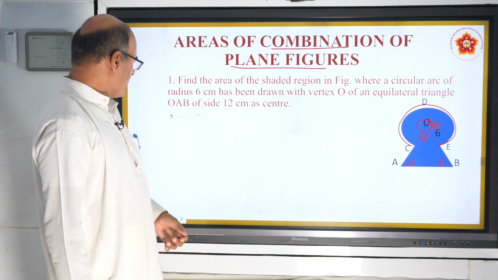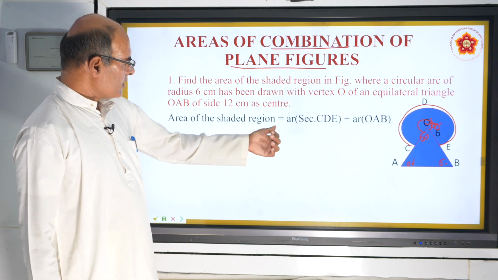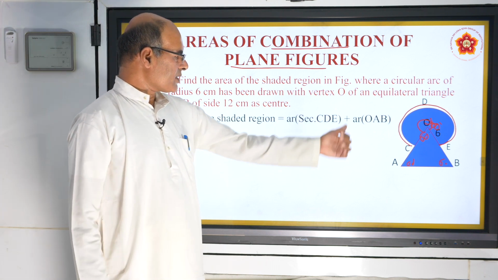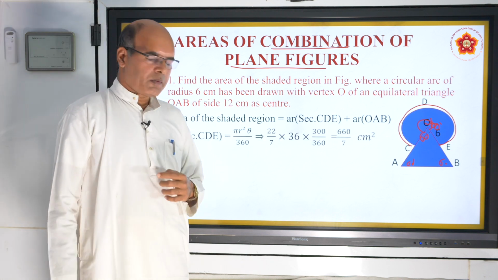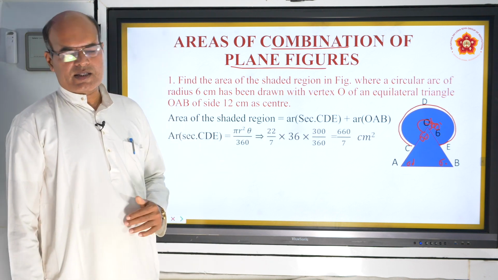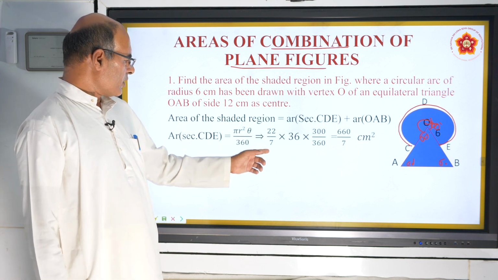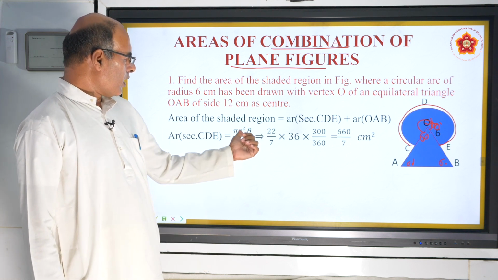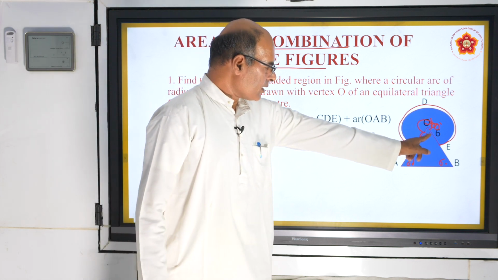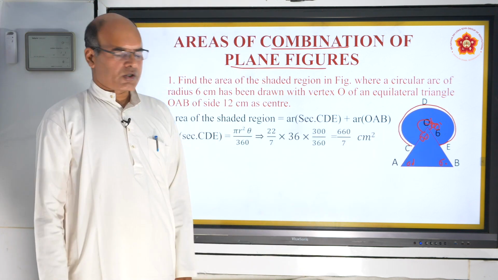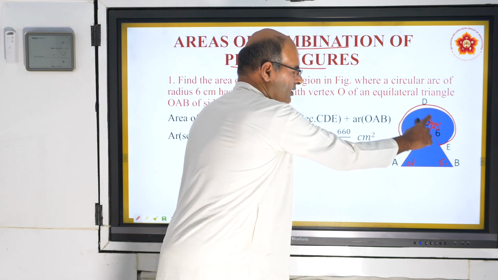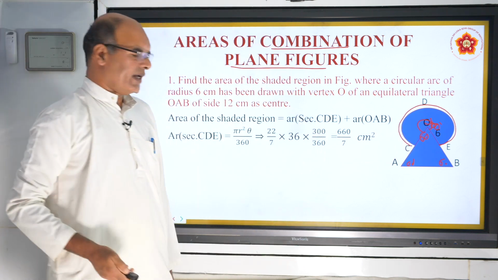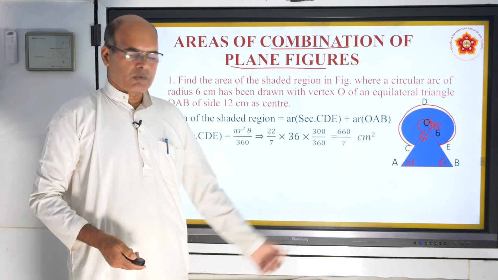So let us calculate one by one. Area of the shaded region is equal to area of the sector plus area of the triangle. Area of the sector is given by the formula pi r square into theta divided by 360. So pi is 22 by 7 into r square. Radius of the sector is 6 centimeter, 6 square is 36, into the angle of the sector, 360 minus 60, that is 300, 300 divided by 360. 360 is in the formula.